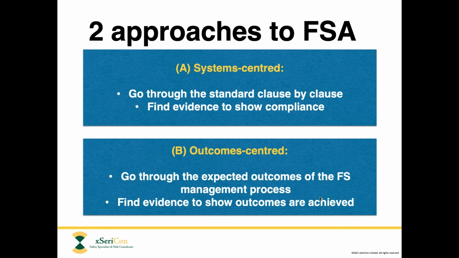So the way I would prefer to do it is to have a checklist of what outcomes I expect, and what are the steps that I would expect to see along the way, and can I find evidence to confirm that all of those steps and all of those outcomes are really being achieved. So both of these will typically follow a checklist approach, but the checklist looks rather different from the two approaches.